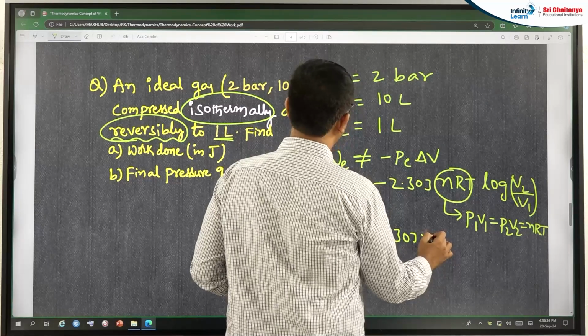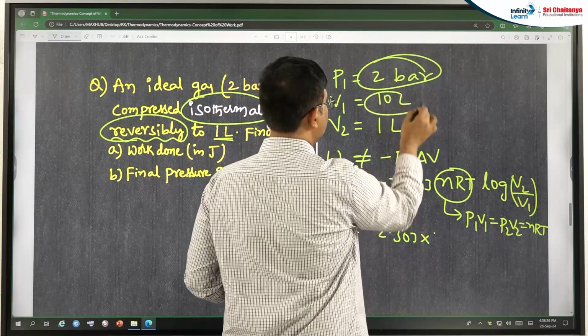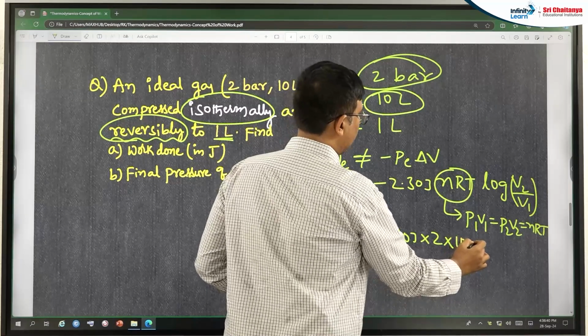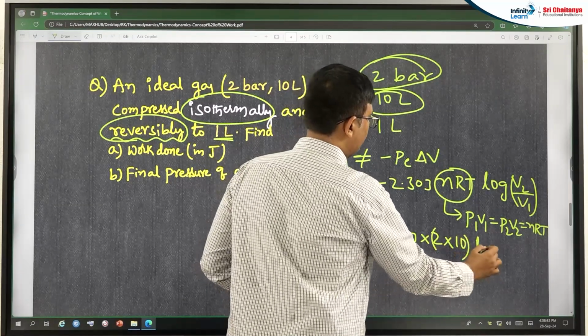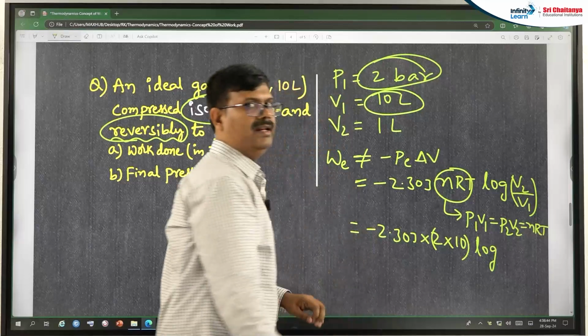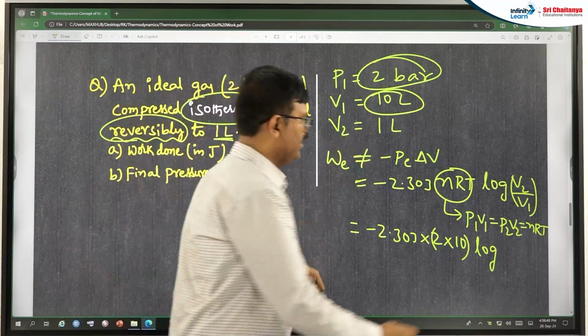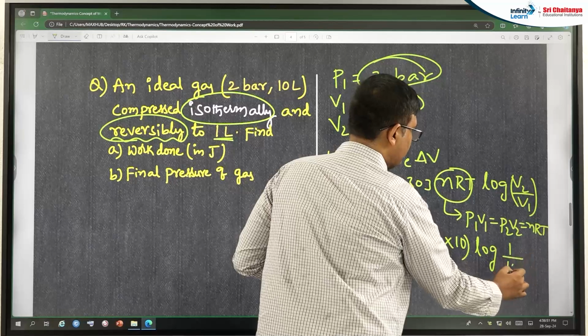P1 into V1. What is P1? 2 bar. V1 is 10 liters. So 2 into 10, and logarithm of final volume by initial volume. What is the final volume? Final volume is 1 liter. Initial volume is 10 liters.